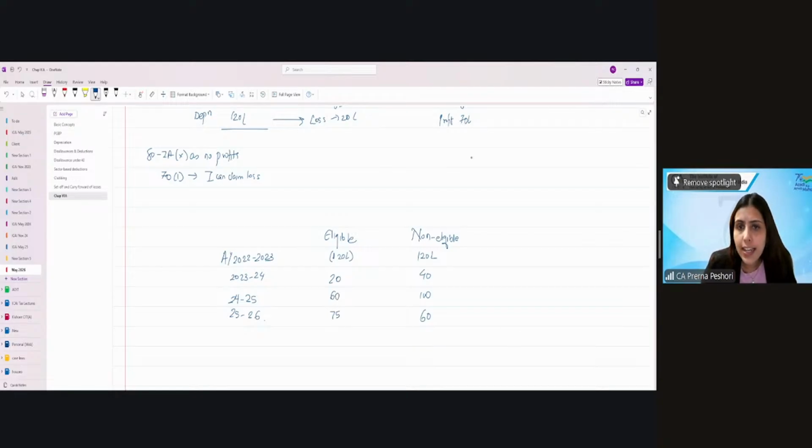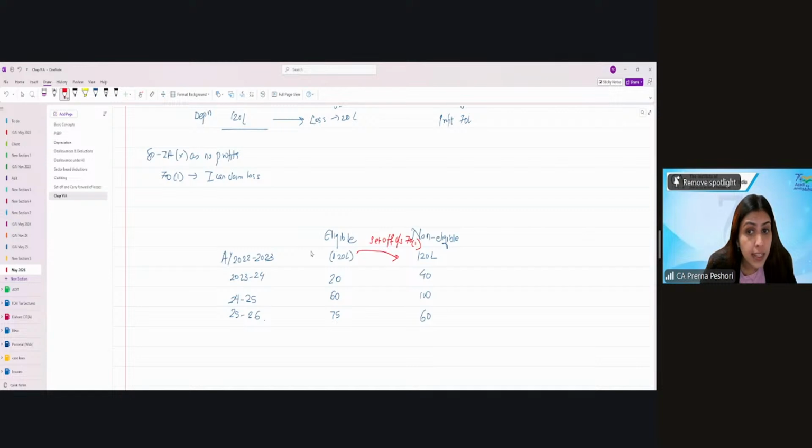So in the first year, can I set off the losses against the non-eligible business? Yes, ma'am. Because here it's a loss. So I will set off this under 71. No problem. In the next year, what will be my deduction under ICAI? 20 lakhs.